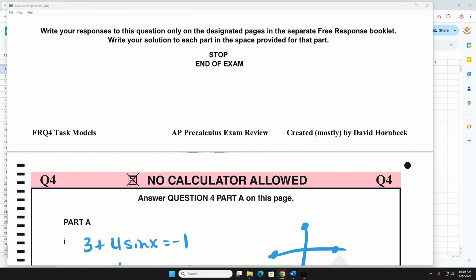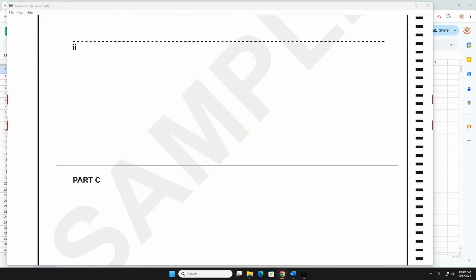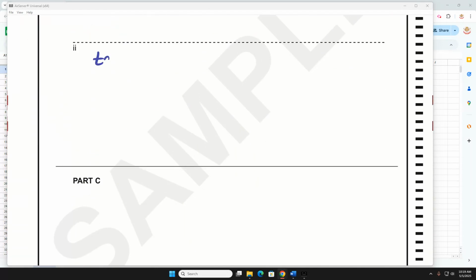So what I'm going to do first is just rewrite this as tangent of x plus, and then I'm going to write cotangent as 1 over tangent of x. Now, we could do sine and cosine, and it would still work out fine. But I'm going to do it this way.